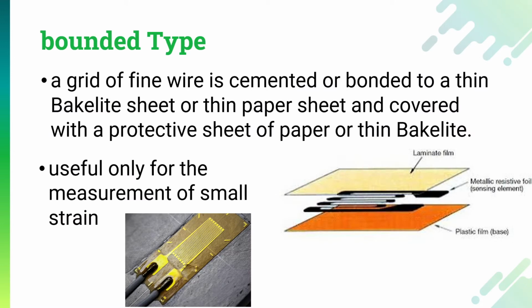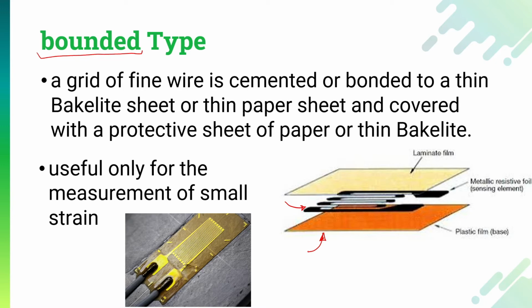So let us understand what exactly bonded type strain gauges are. When we talk about bonded type, the name itself says that it is basically bonded to some material, and that material will mostly be an elastic material on which these strain gauges are bonded.